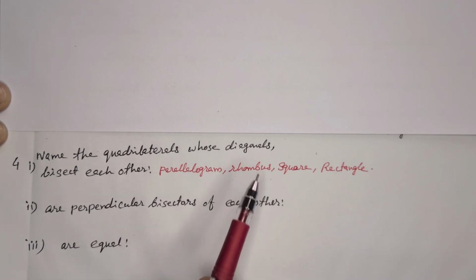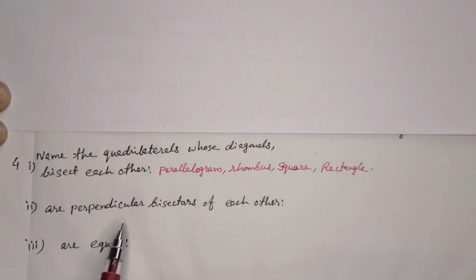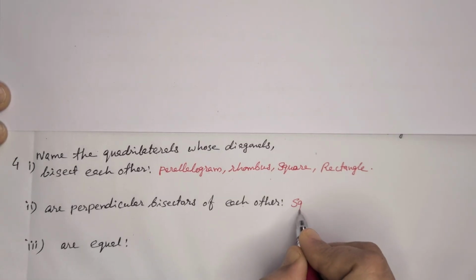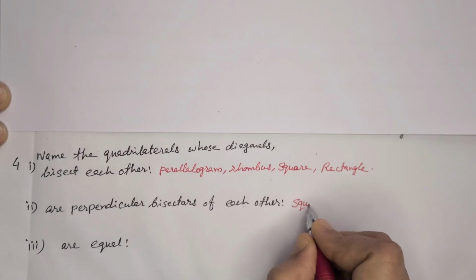Second, name the quadrilaterals whose diagonals are perpendicular bisectors of each other. Perpendicular bisectors means a 90-degree angle in between when the diagonals bisect. The angle becomes a right angle. That's square and rhombus.